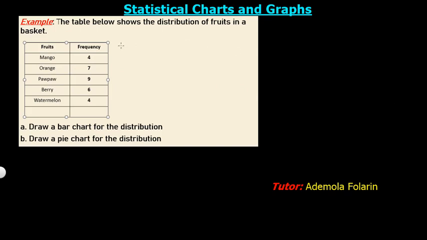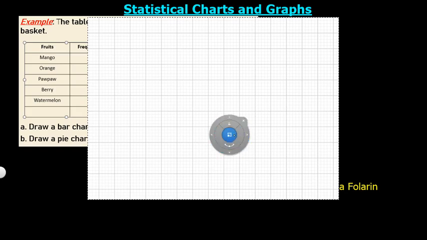And to do this now for our chart, we definitely want to draw a bar chart. To draw a bar chart, we first have to design the table for it, the graph for it. Let's have a graph for the bar chart.